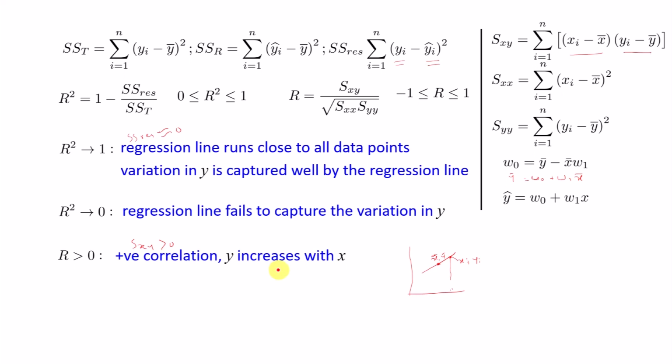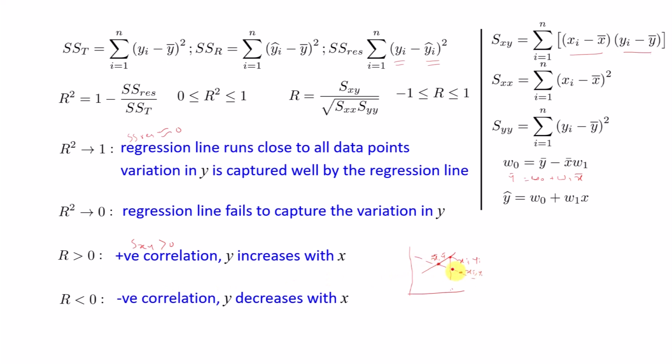Similarly, when it is the other way around, that means R less than 0, then it tells us that this line should be like this. At this point (xi, yi), when xi is greater than this x bar, yi is actually less than this y bar, that is giving Sxy negative, R less than 0, so it's a negative correlation.